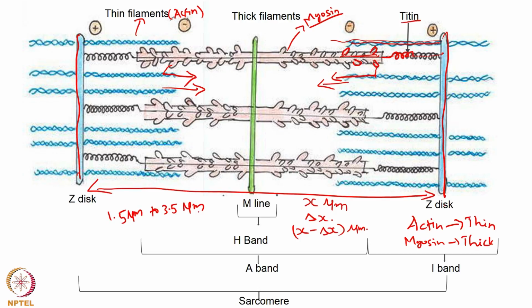We would think, since we are talking about relatively small scales, how much force would this be producing? Actually the amount of force that this is producing is of the order of about 2 piconewtons, so 10 power minus 12 newtons. Now, let us compare this with a large muscle, where forces of the order of several hundreds of newtons can be produced.